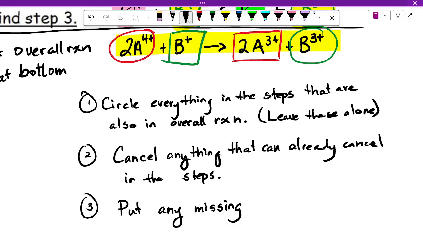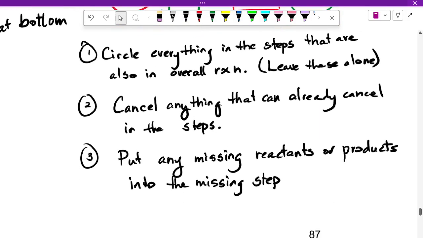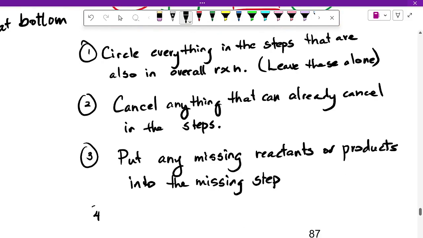Put any missing reactants or products into the missing step. And then add things that need canceling to the missing step.